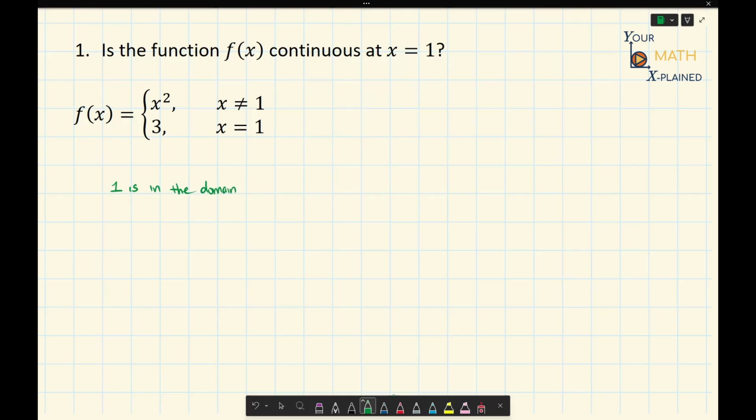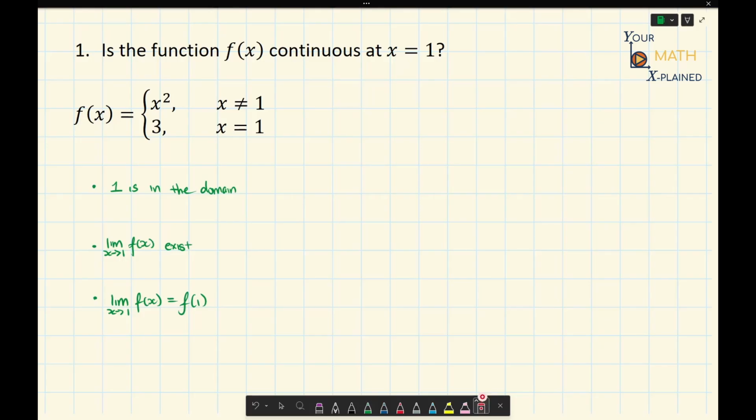The second one is that the limit as x approaches 1 of our function f of x has to exist. And then the third condition is that the limit as x approaches 1 of our function f of x must be equal to the function evaluated at 1. So now let's take a look at each of these conditions.